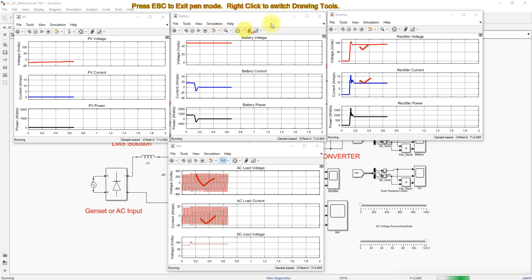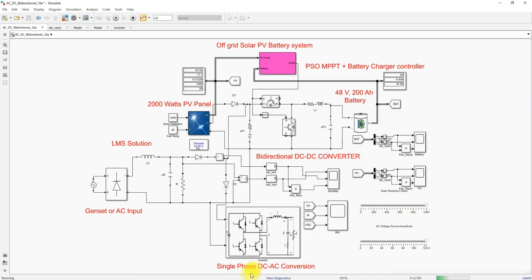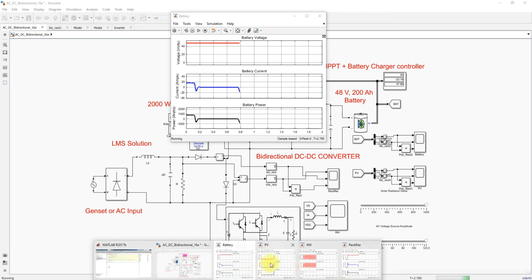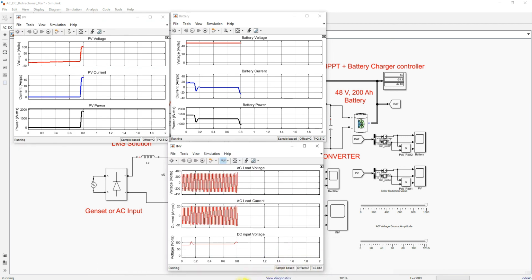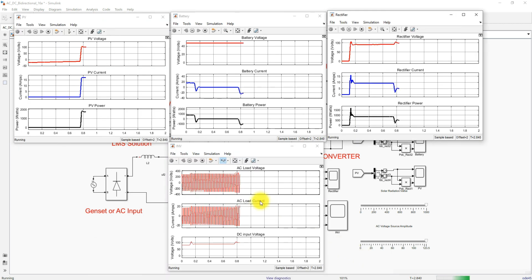Now I'm going to increase the irradiation of the system, and you can see the variation of the system output. Because of increasing irradiation, the PV power increased, so the excess power will charge the battery as well as supply the AC load.